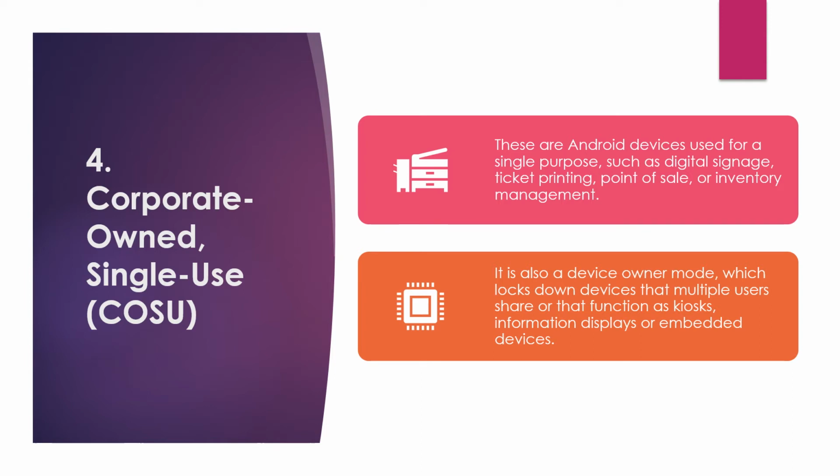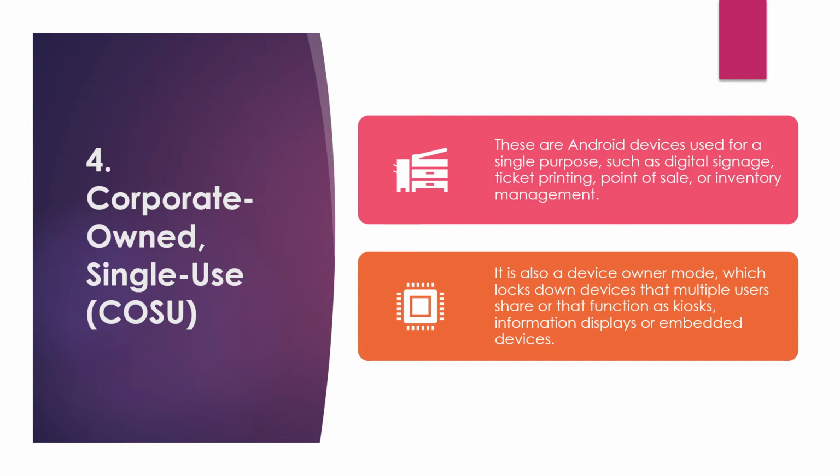Android for work offers this kind of profile, where the device is used only for one particular purpose, mainly in tablets or bigger screen devices. That feature is provided through Android for work as COSU.